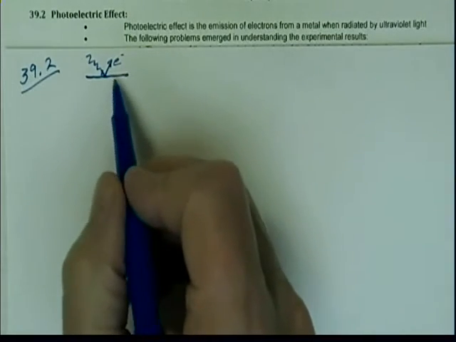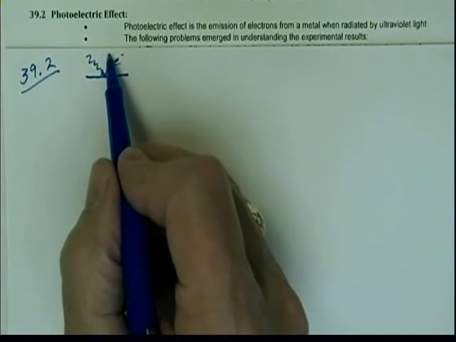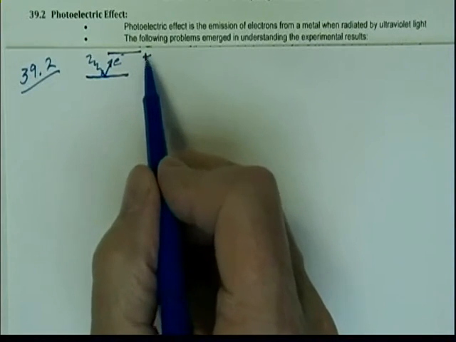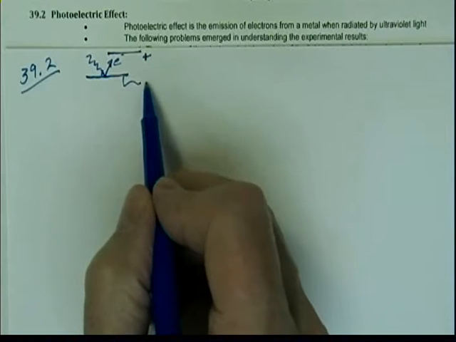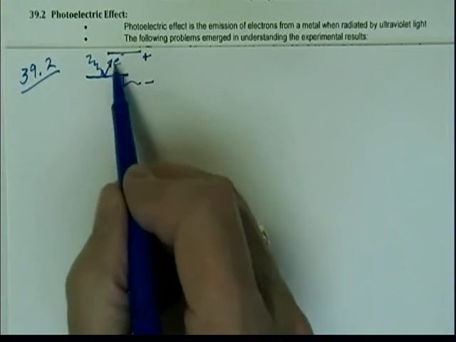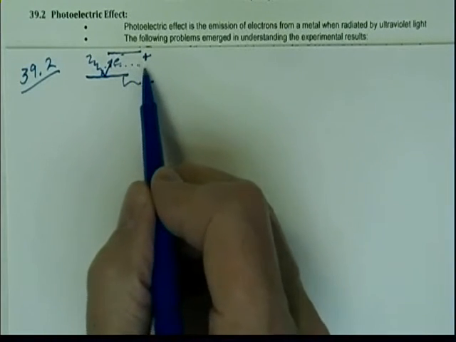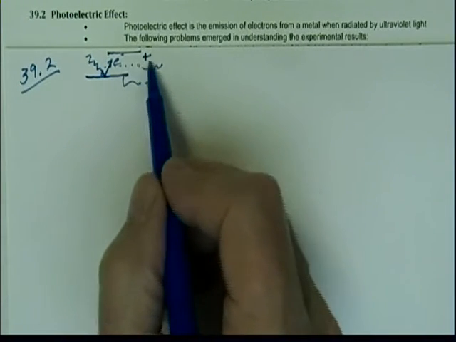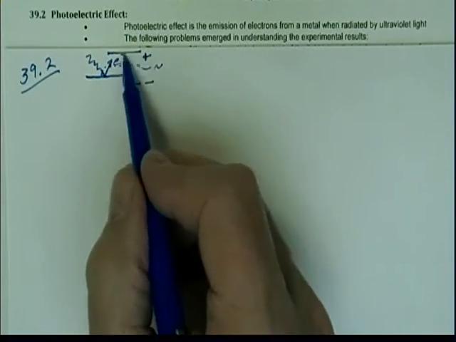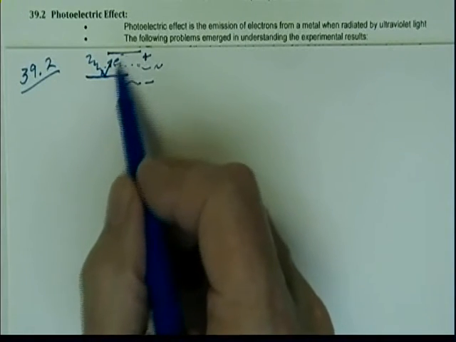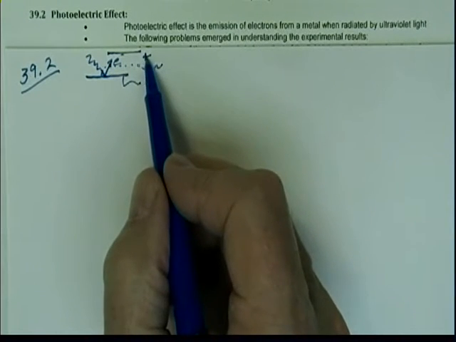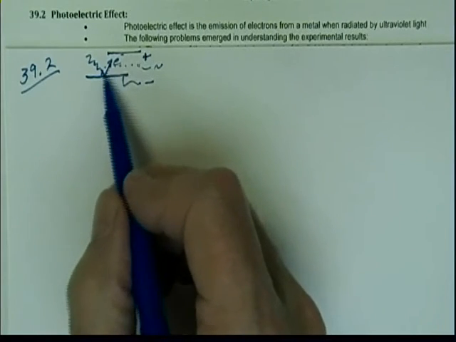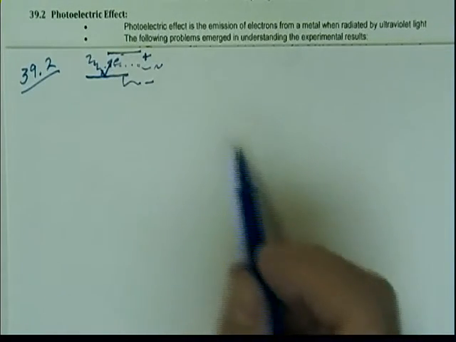How did they study it? Well, they studied it by putting a collector up here and made this collector positive. They made this plate negative, and they were able to put a grid across here, and they could adjust the voltage here so that by making this very positive, these electrons would flow rapidly, and by making this grid negative, the electrons would be pushed away and not flow.